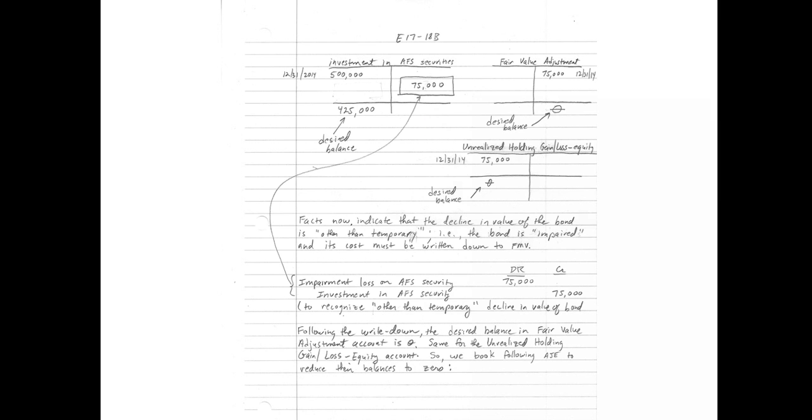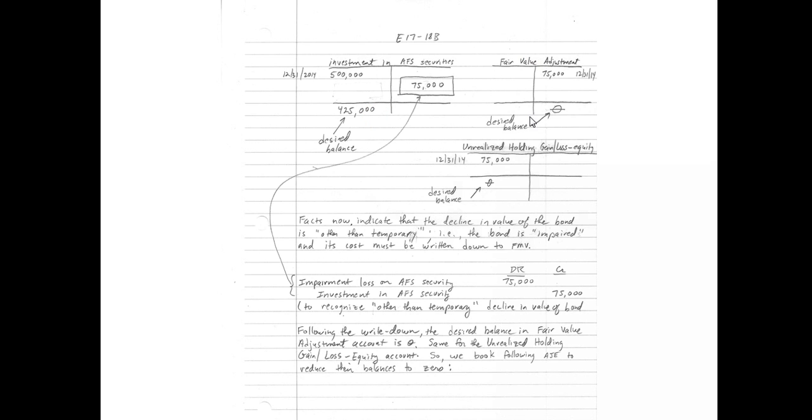So we desire a balance in the fair value adjustment account now of 0, because if we combine that 0 balance with the $425,000 new cost basis of the investment in available for sale securities, the combined amount represents the fair value of the security, which is what we want. So bottom line, we need a balance in the fair value adjustment account of $0 and a balance in the unrealized holding gain or loss equity account of $0, given that we have written down this investment to its fair value.